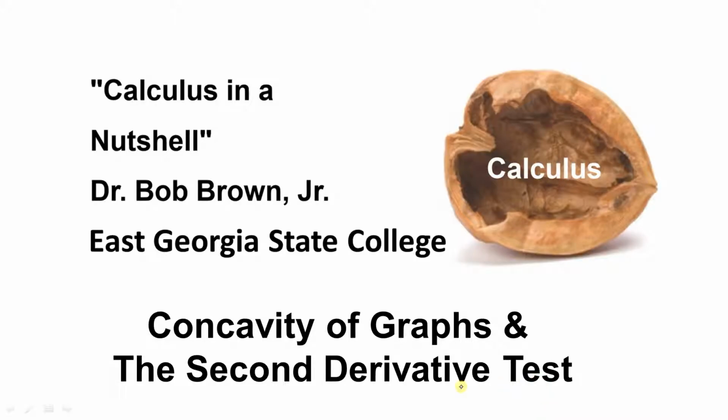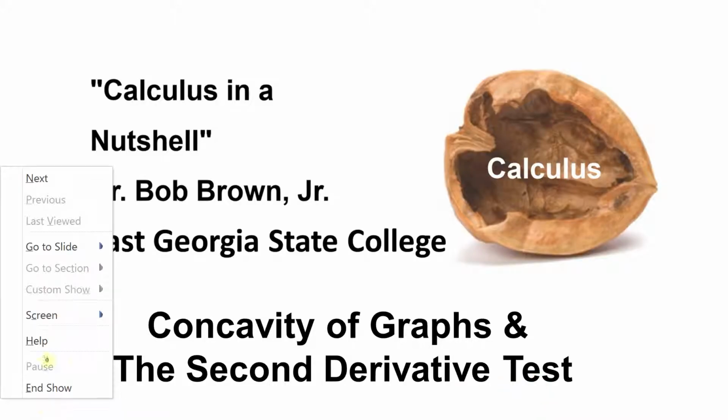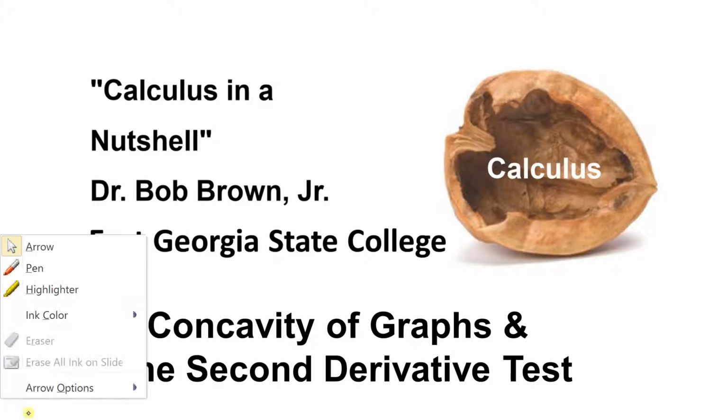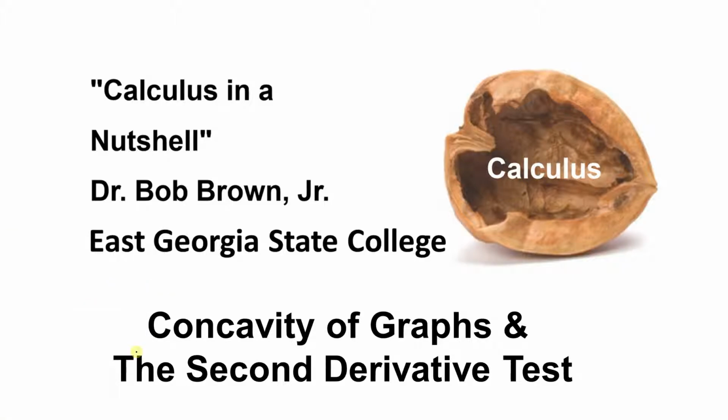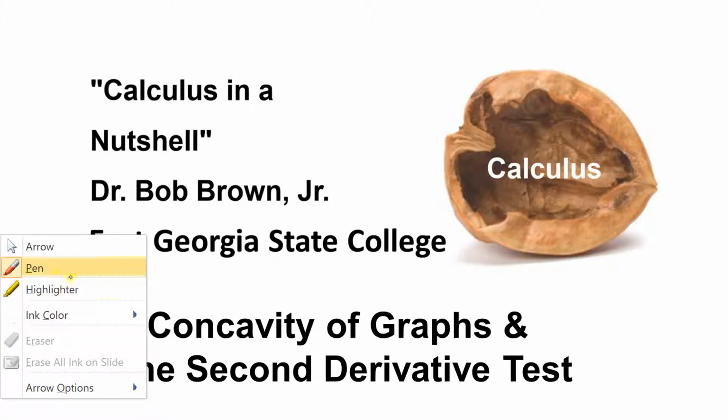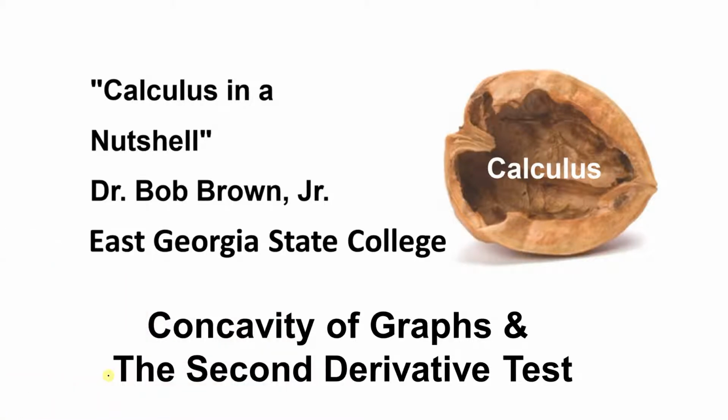In this video, we're going to talk about concavity and the second derivative test. We're going to look at concavity, which means if a function is concave up, it'll look like this.